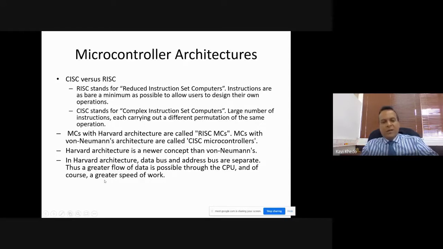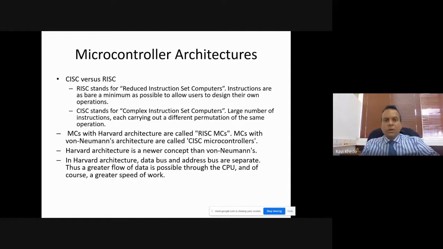This is the advantage we get by separating the program from the data. So we can say comfortably that the Harvard architecture will be faster and perform better, because they are separating the program from the data, and independently doing the data transfer and program transfer.